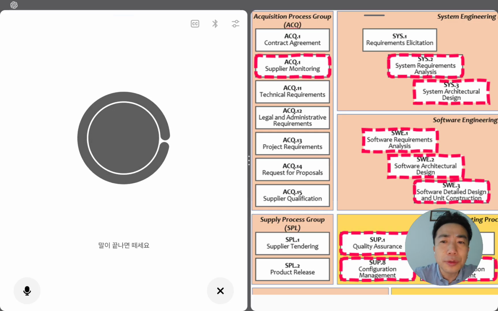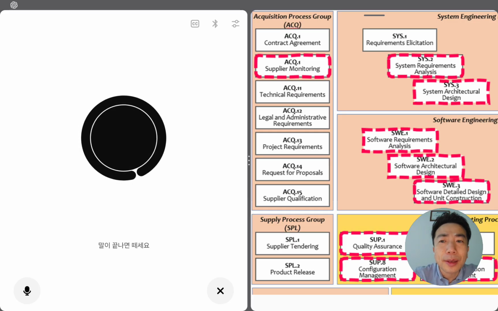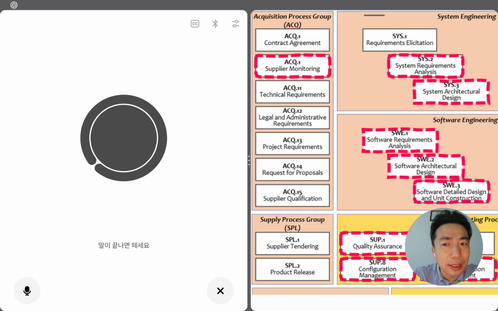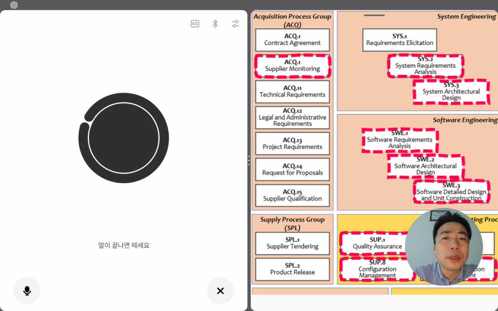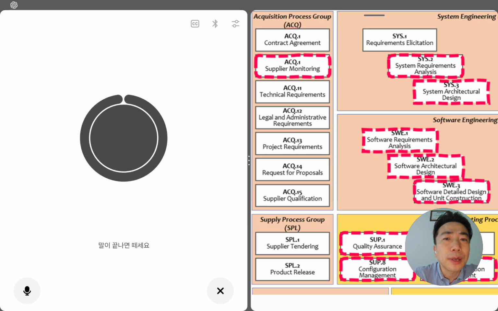GPT, like I said, I was one part member of the ASPICE project.